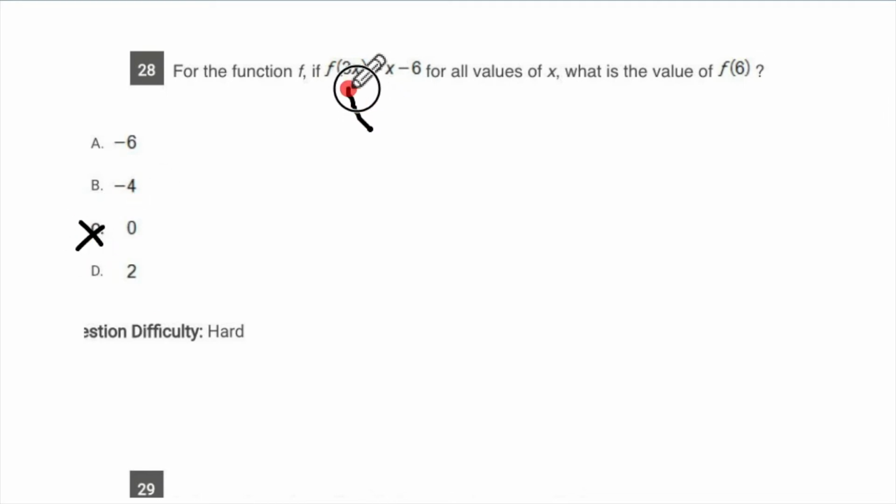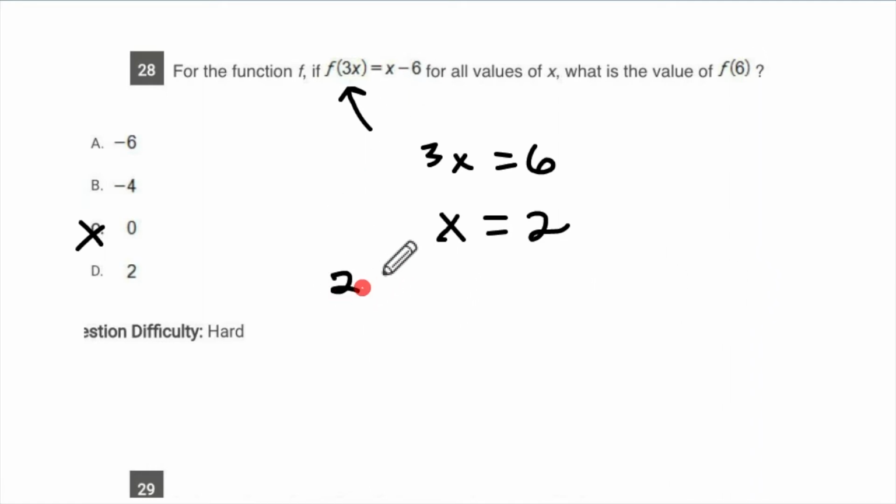We have a 3x here. So we know that 3x has to equal 6. And we would get x actually equals 2, because they're telling us if 6 was in here, well, we already have 3 times whatever is going to equal 6. So now I'm going to put the 2 in where the x is. See, these are just a little tricky. That's why the difficulty is hard. It's not really hard. It's just tricky hard.